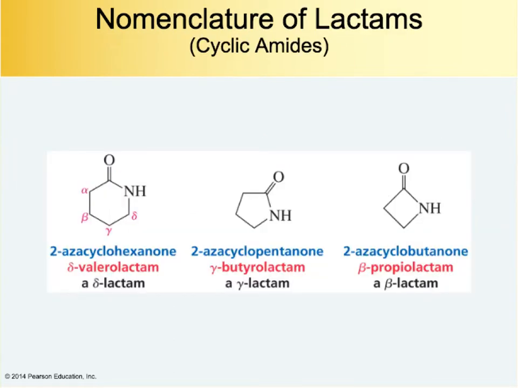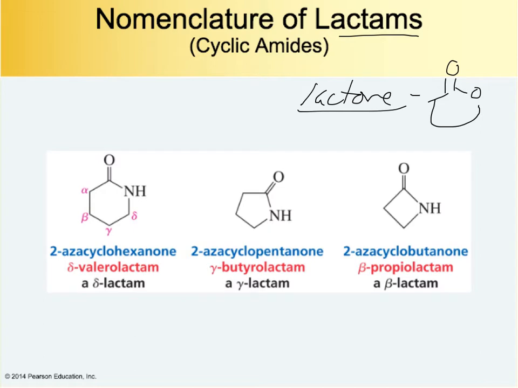Nomenclature of lactams. So the cousin of a lactone, which is a cyclic ester, a lactam then is a cyclic amide. Again, I'm not going to ask you to know much more than can you identify something as a delta lactam, because it's alpha, beta, gamma, delta. Again, this is the amide portion.